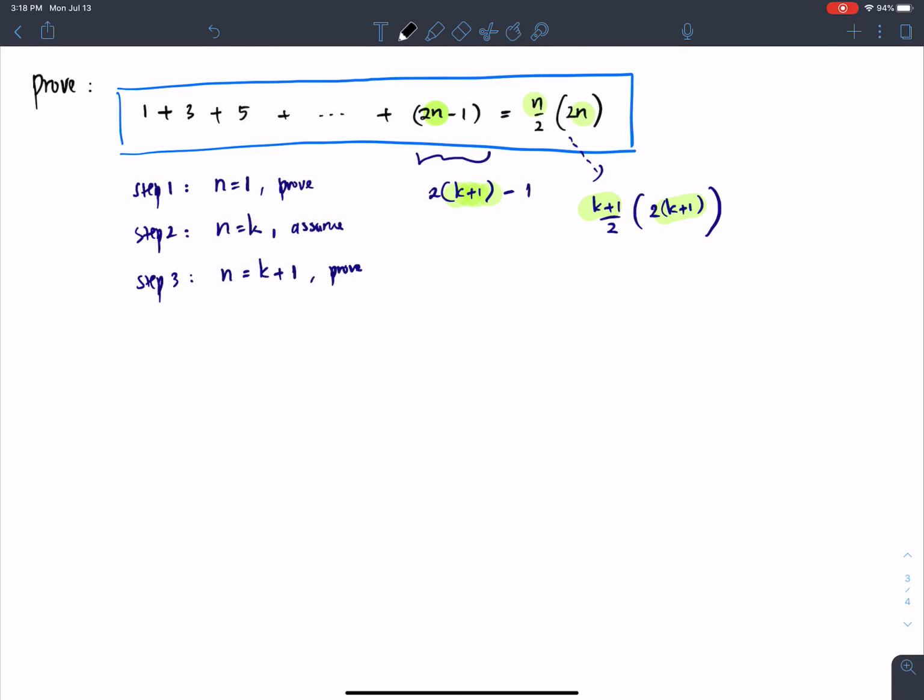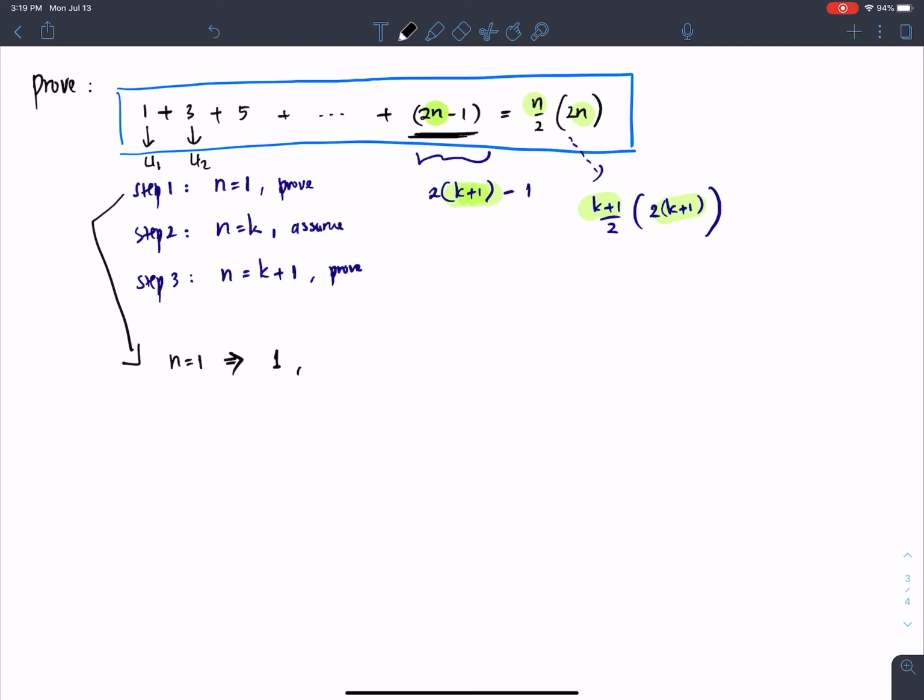So step 1, prove for n equal to 1. For n equal to 1, we get the left side is 1 exactly, because here is u1, here is u2. Or you can take the number directly from there, or you can also make use of the formula over here, 2n minus 1.